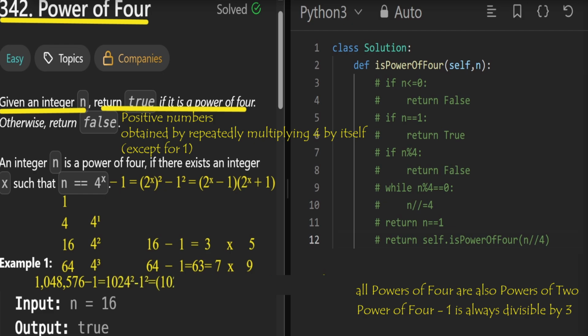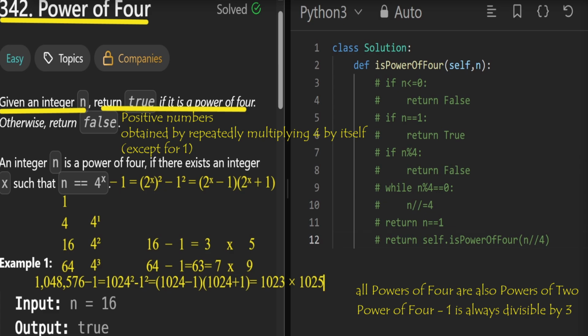Let's do some math here. 1023 and 1025 differ by 2, so either 1023 or 1025 must be divisible by 3. Then their product is also divisible by 3. Therefore, the power of 4, 1,048,576, minus 1 is also divisible by 3.